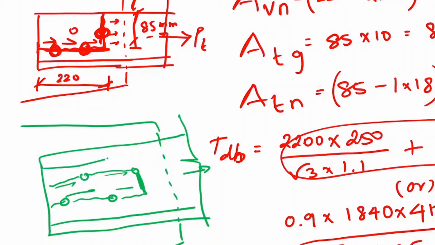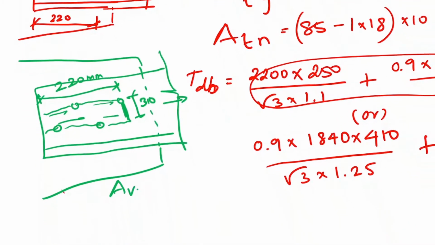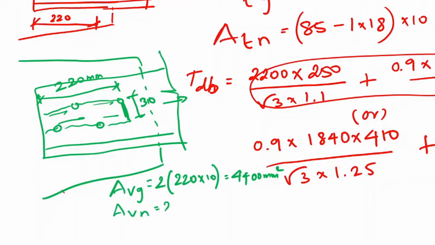The width of the shear failure plane is 220 mm, and the width of the tension plane is only 30 mm. But you have two shear failure planes in this failure pattern. ABG for this failure pattern is 2 into 220 multiplied with 10, so you will get 4400 mm square.